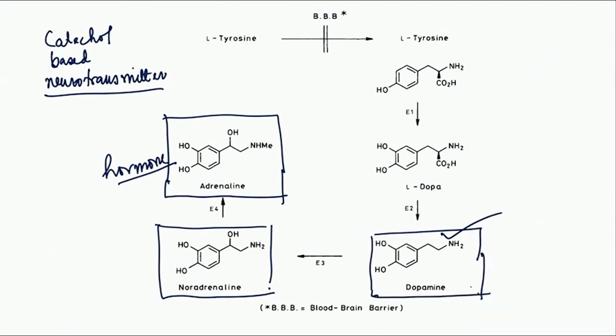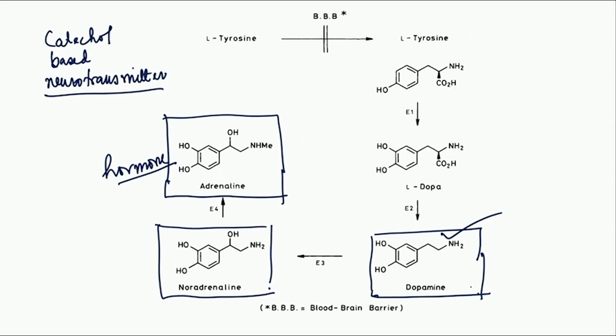Okay. So, whenever we study neurotransmitters like this, if there is a problem in the concentration of these neurotransmitters, then we have diseases. Now, to keep the concentration of dopamine or noradrenaline or even adrenaline at the optimum level, you have to know the biochemistry or the biosynthesis of these molecules.